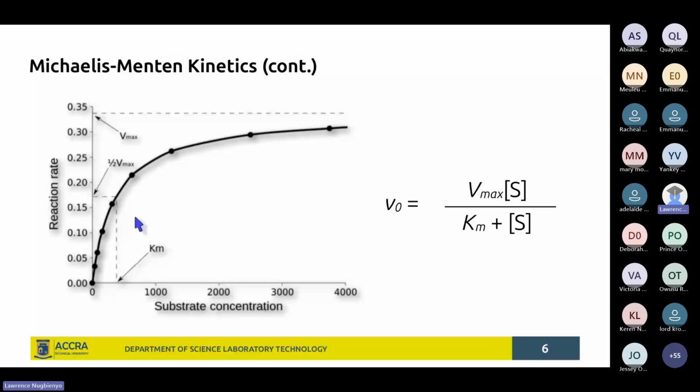You can derive this equation from there once you know that you have these values such as the half of the maximum rate of reaction and Michaelis Menten constant, which is Km.